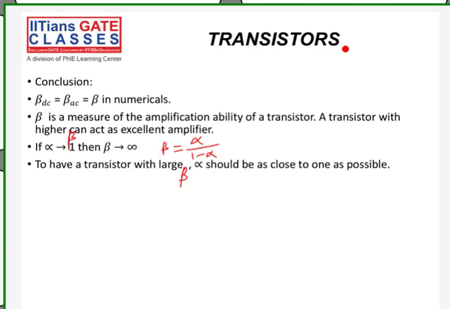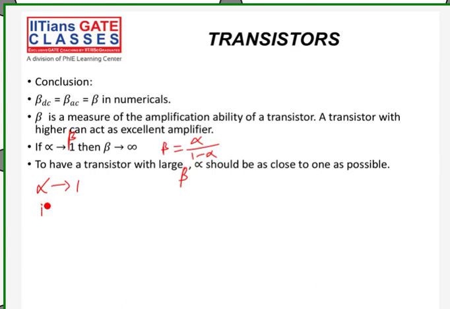So that was the point. Third point, to have a transistor with large beta, alpha should be as close to 1 as possible. To make alpha closer to 1, what am I to do?